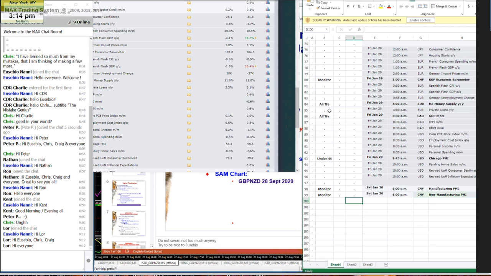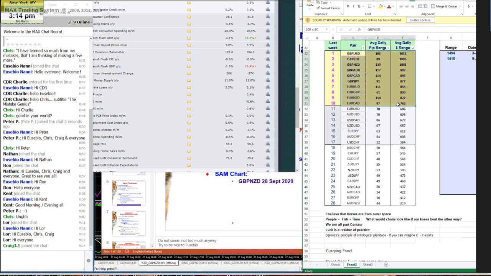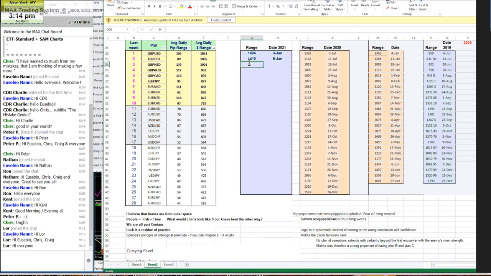Okay, and on the top 10s, for the 28 pairs, here are the top movers for the last 4 weeks. Actually, I haven't bothered checking the ranges. Yeah, the ranges dropped quite a bit last week. Tiny movements, like 40 pips over a day.